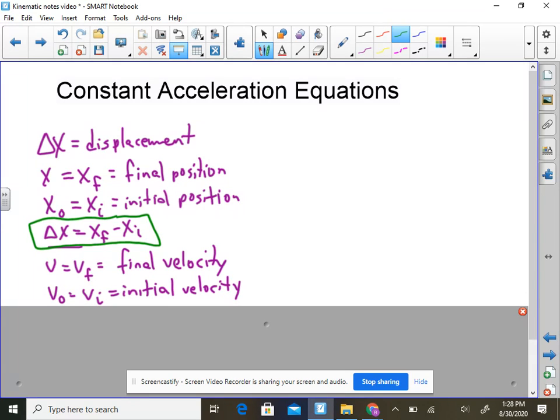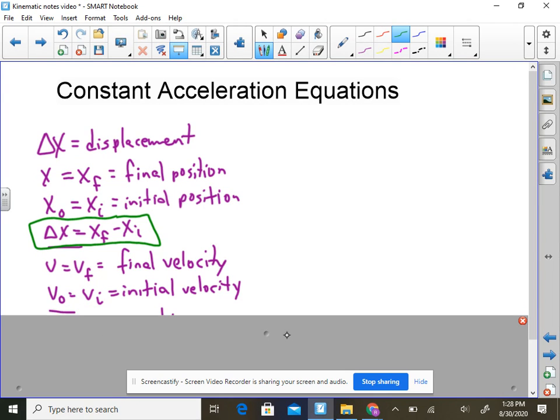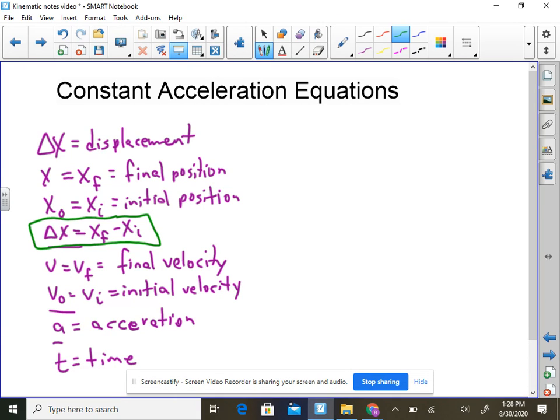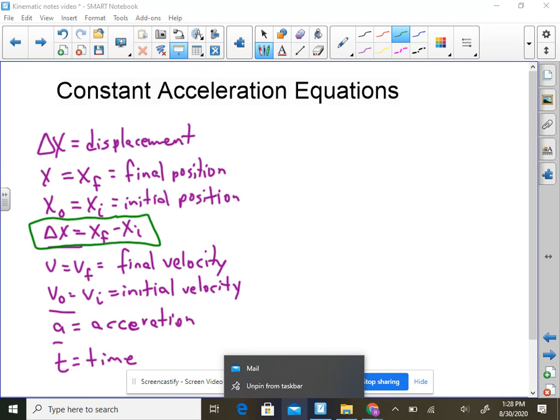Final velocity would either be v or v f, and initial velocity is either v naught or v i. The next variable you'll worry about is acceleration, and acceleration is represented by an a. And the last is time, which is represented by a t.